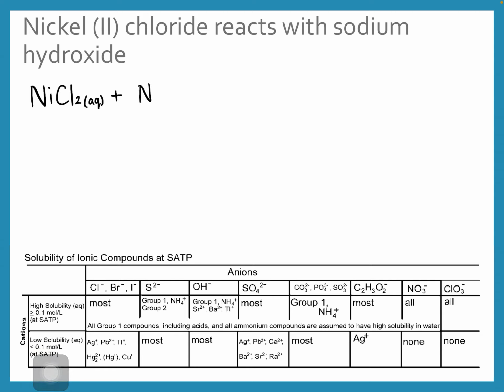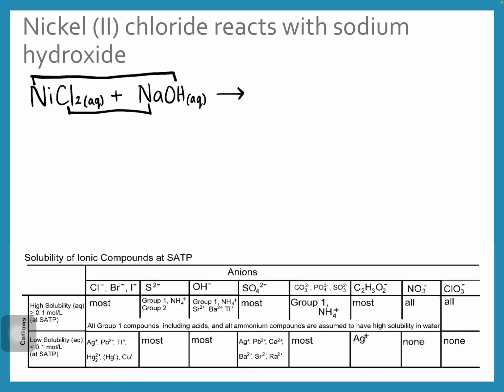That is going to react with sodium hydroxide. Sodium's a 1 plus, hydroxide's a 1 minus, so we have a 1-to-1 ratio there. Hydroxides, everything in group 1, which sodium is in group 1, highly soluble, so that is also aqueous. It's a double displacement reaction, so nickel pairs with hydroxide, sodium pairs with chlorine. Remember to always write your metal first.